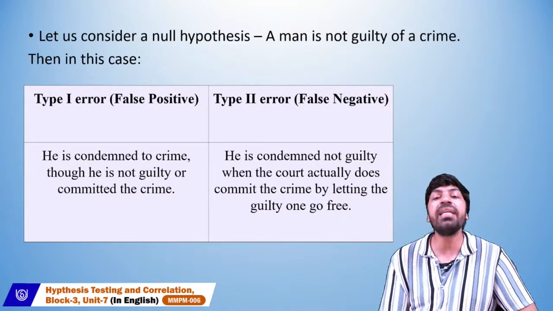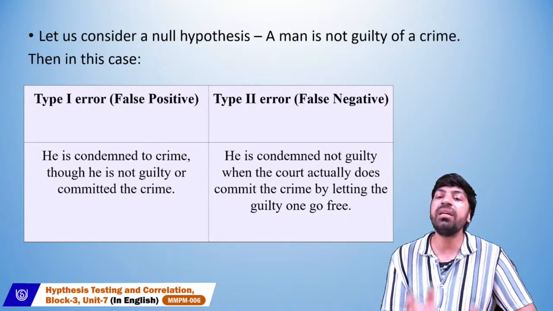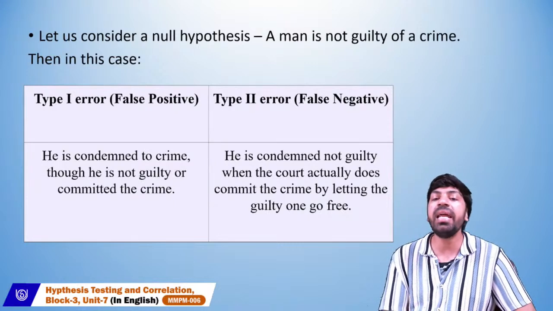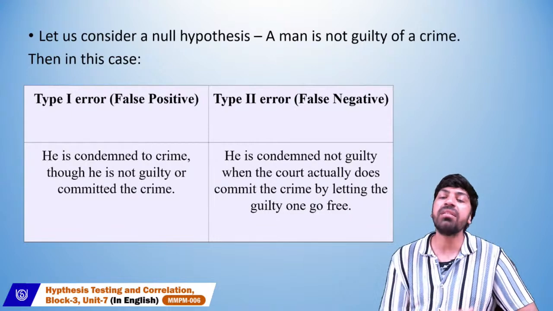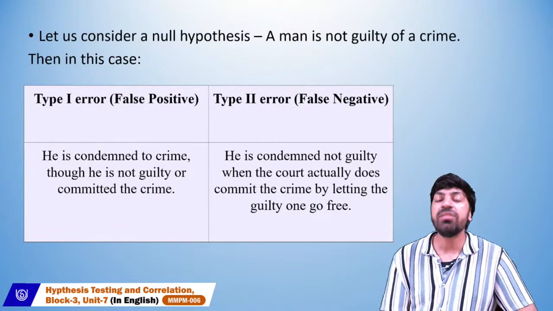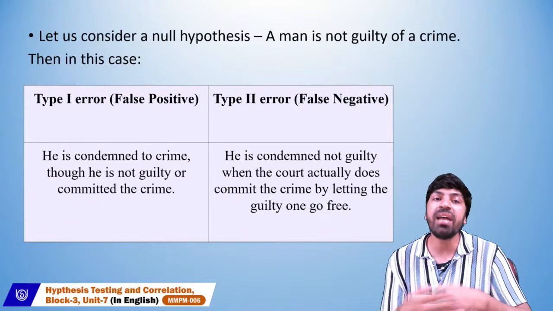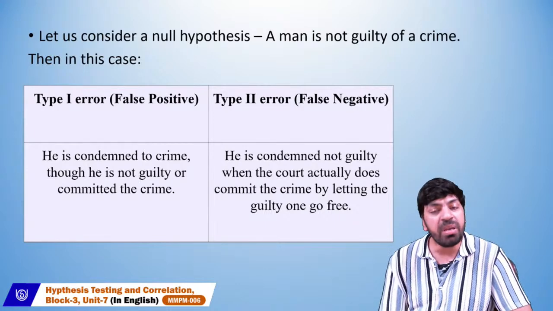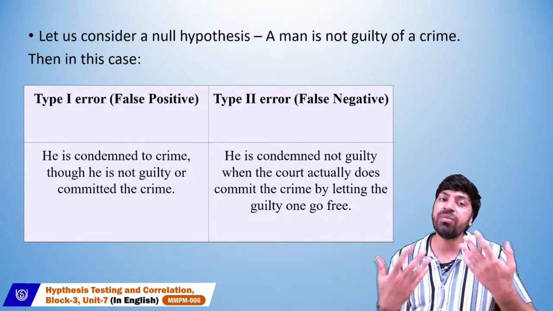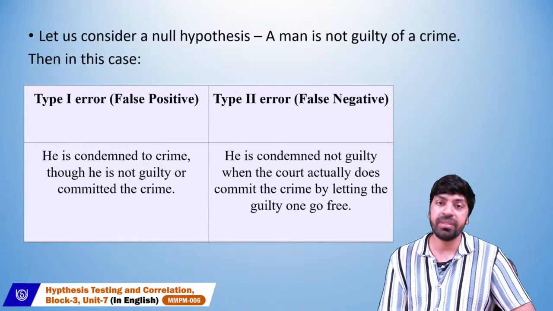Type 2 error: he's declared not guilty when he actually did commit the crime, letting the guilty go free. That is the false negative. So these are the errors that you can easily identify while creating the null hypothesis, and they can be minimized by using the correct decisions with these errors.